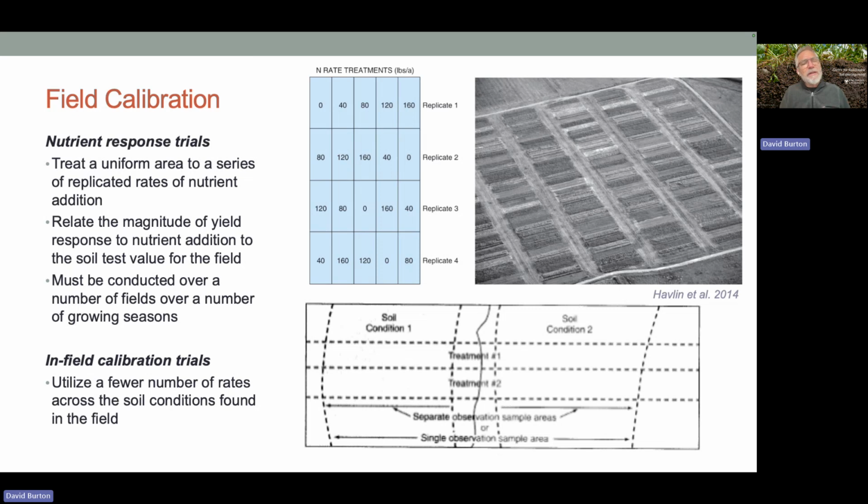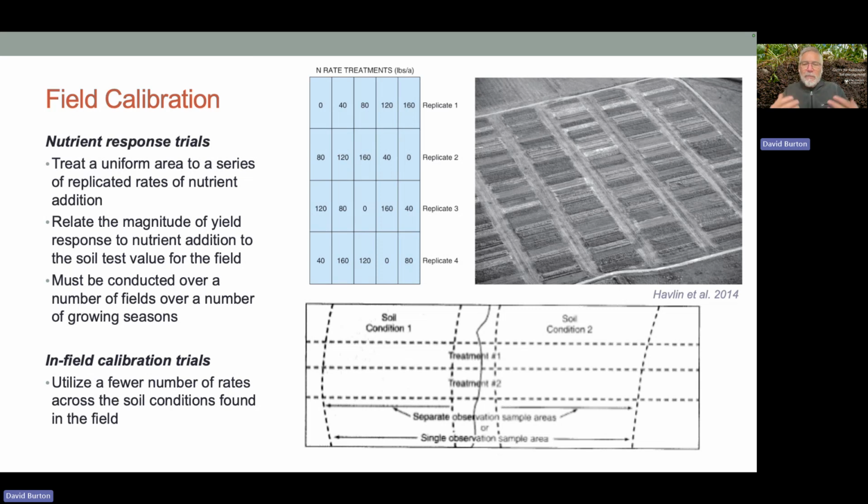So one of the more innovative ways that people are starting to do it now, that we have more capacity to measure yield and nutrient content within your own field, is that we often will do in-field calibration trials, where instead of doing 4 or 5 rates, perhaps we'll only consider 2 rates. Maybe my historically used rate, and maybe 10% lower or 10% higher.